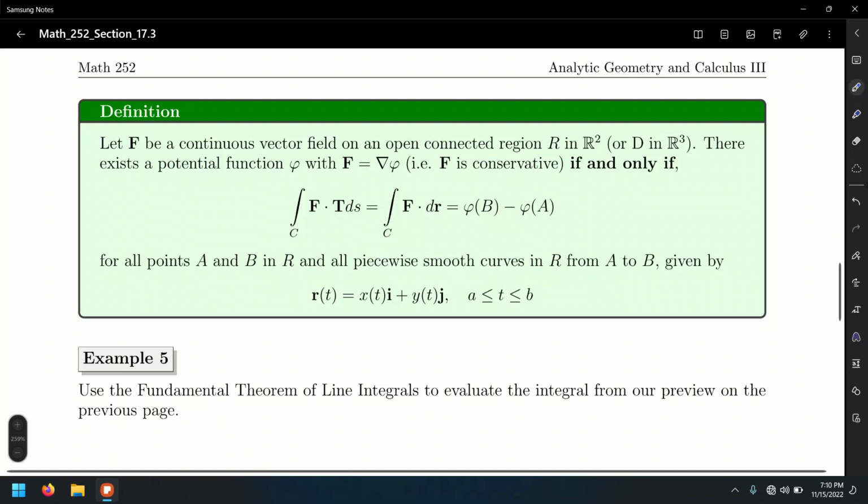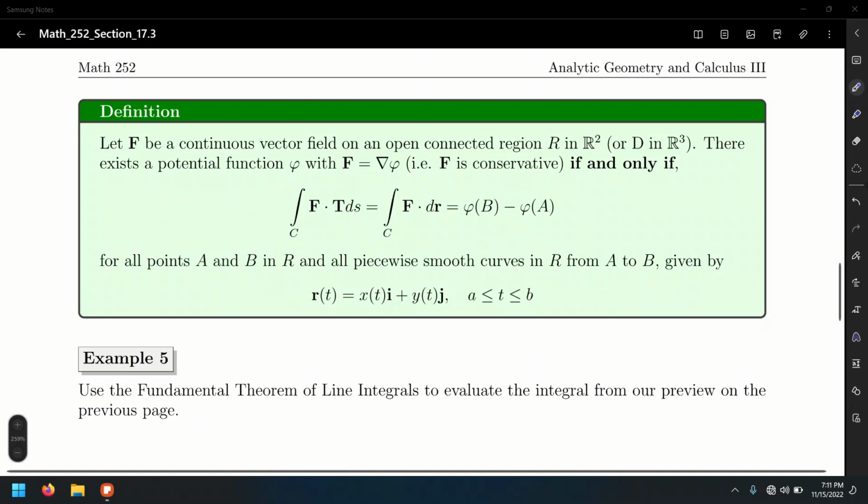If there exists a potential function phi such that its gradient, nabla phi, equals the vector field, in other words, if we know that F is conservative, then all we have to do is find that potential function and evaluate it at the ordered pairs, at the upper ordered pair and the lower ordered pair, and we don't have to parameterize anything anymore.